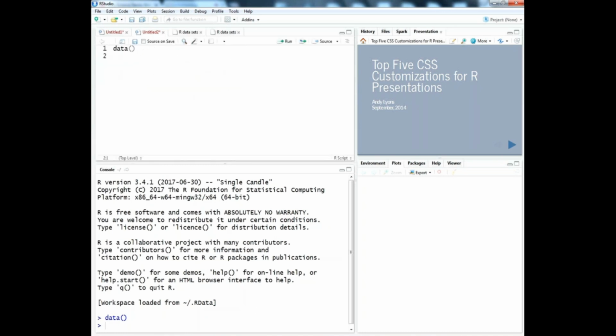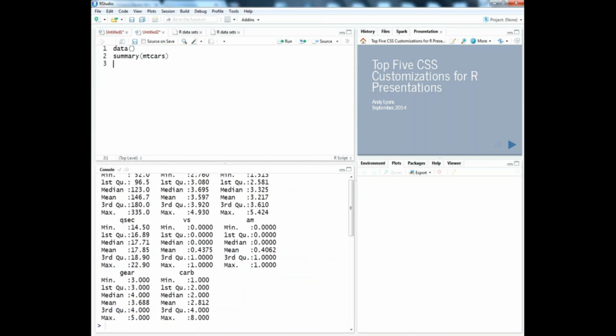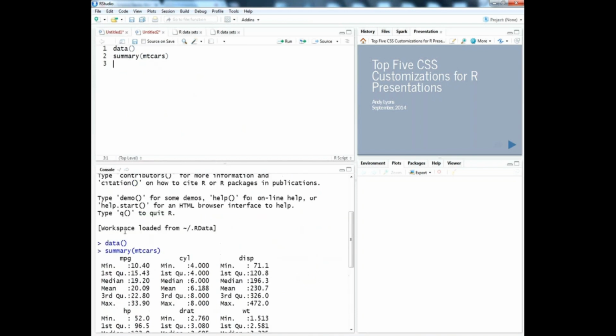For example, if you want to check it simply, there is one function called summary, where mtcars is one of the data sets, which will be showing the summary. That is one of the functions to check the data.